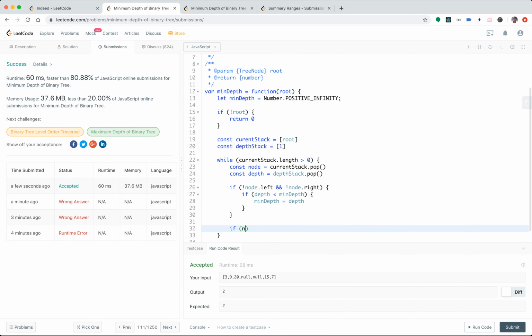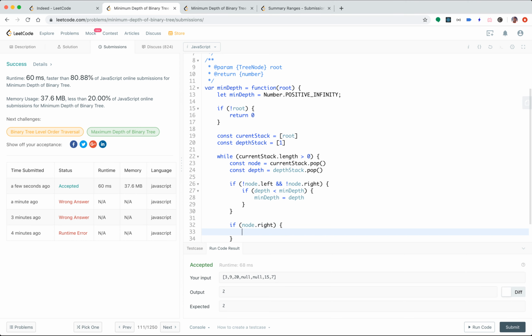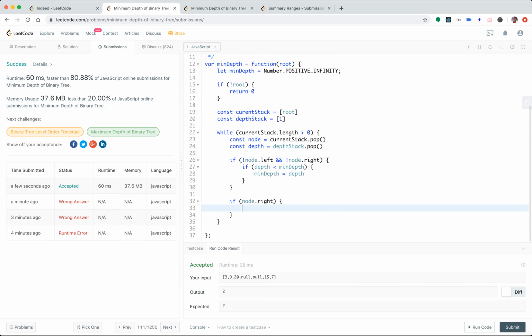If the node has a right, we first push the right one: current stack push node dot right, depth stack push depth plus 1.